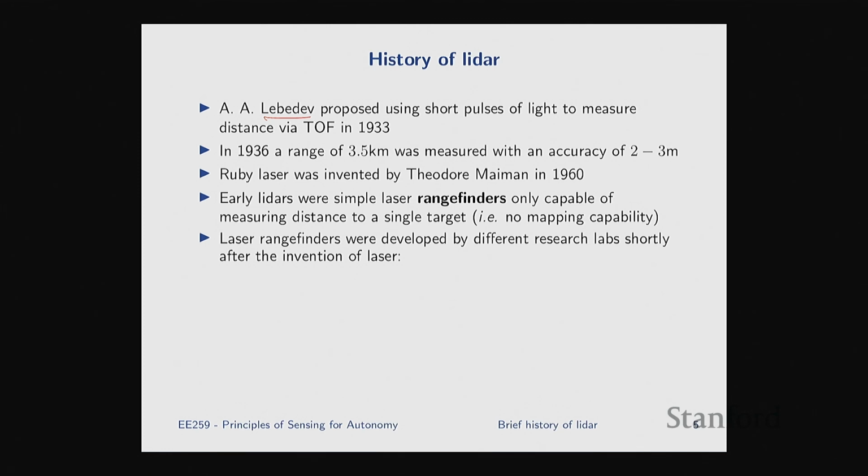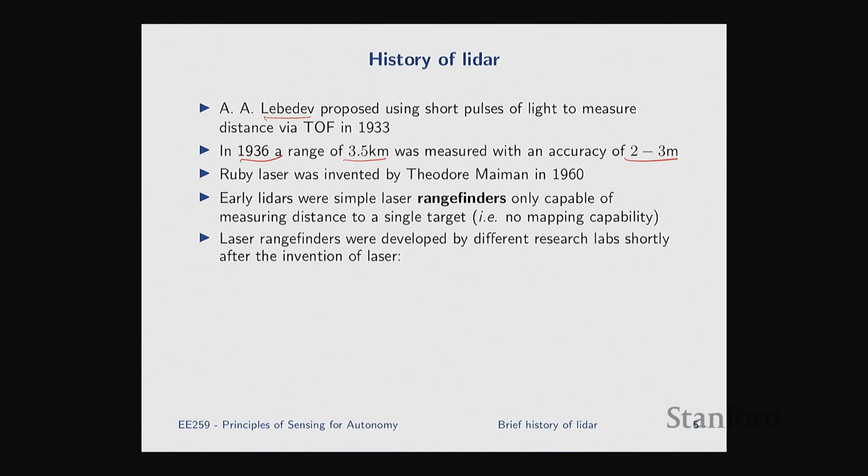So he basically proposed the idea of time of flight measurement using optics. A few years later, in 1936, some very successful experiments were done. Again, this was done with visible light, but people could measure ranges up to 3.5 kilometers with very decent accuracy, 2 to 3 meters, using this idea of sending a short pulse of light, collecting back the echo, and measuring range from time of flight.